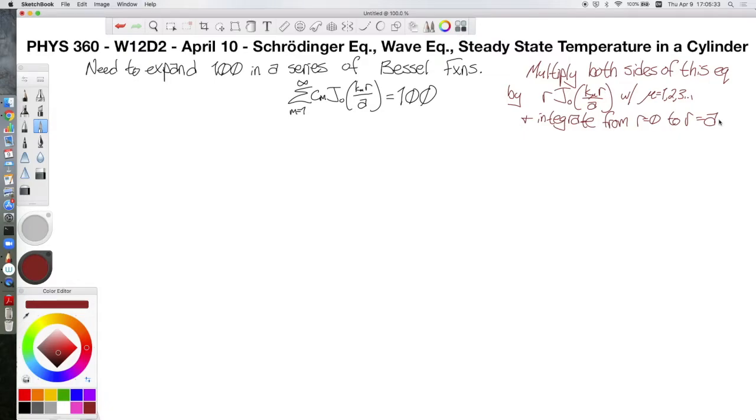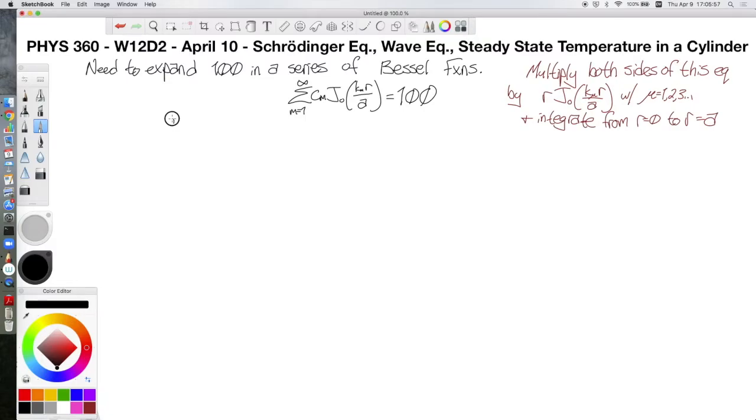So this mu that I've introduced is basically the same as m, but we're using a different index to refer to it. Mu refers to the muth zero of this Bessel function we're working with. Once we do this, we get the following expression.